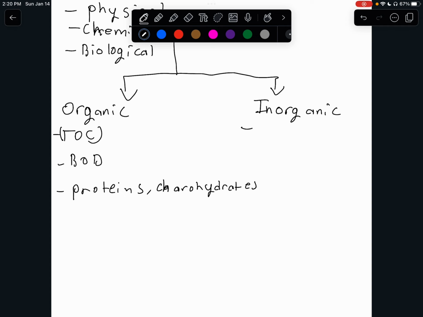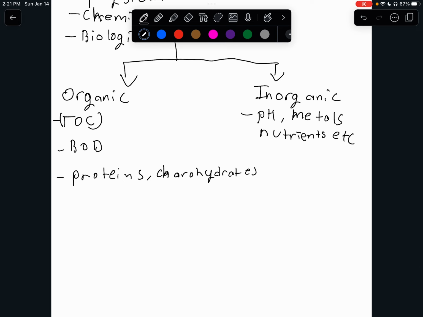While our inorganic consists of pH level, so acidic, right? Metals, nutrients, and this consists of anything that is acidic, like sulfate as well, acidic and non-acidic, etc. So one is protein and carbohydrates, the other one's kind of acidic and different types of metals in our periodic table, right?